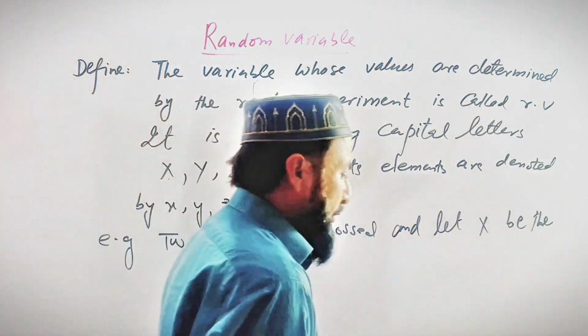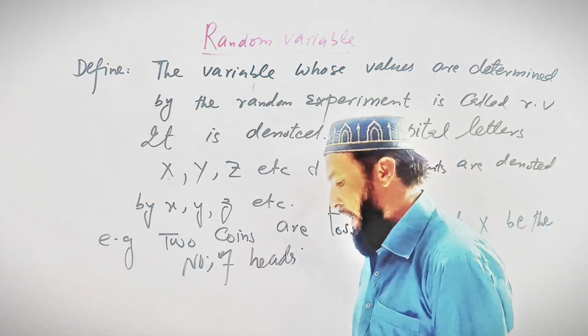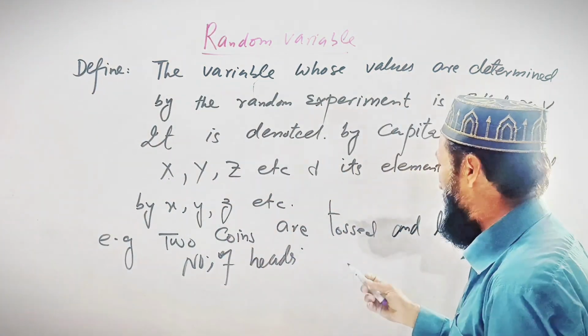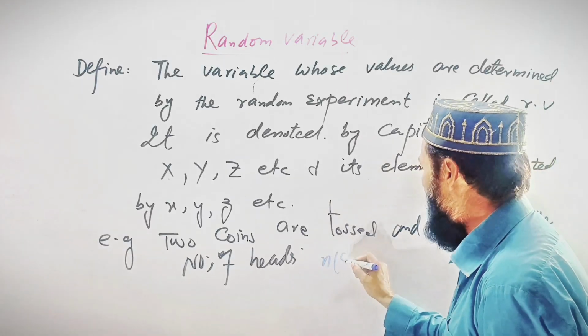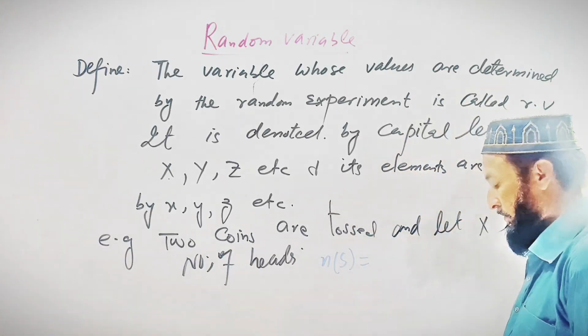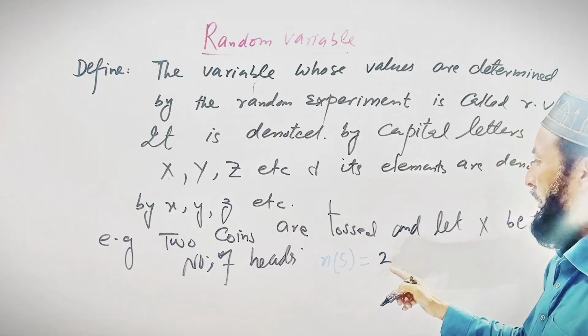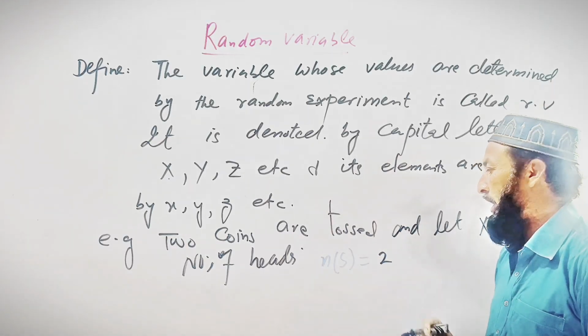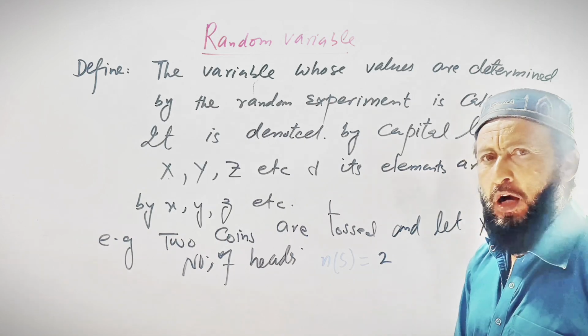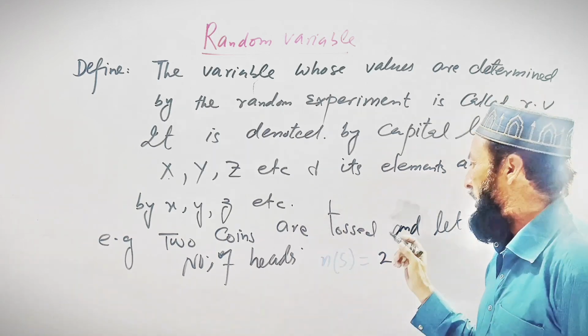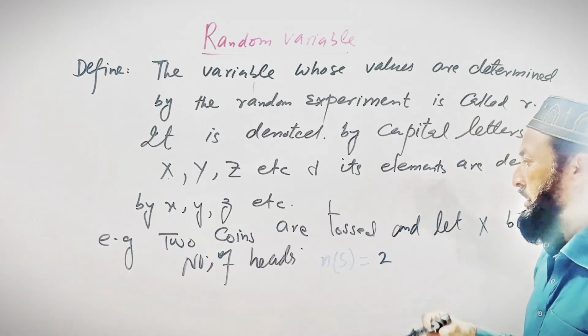So first of all we draw the sample space. Two coins are tossed, and each coin has two faces, so we write 2. If dice were rolled, we would use 6 in the sample space because there are 6 faces.